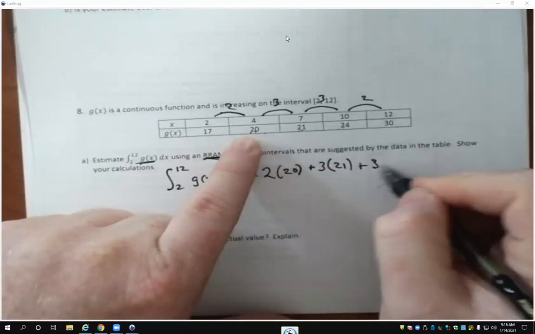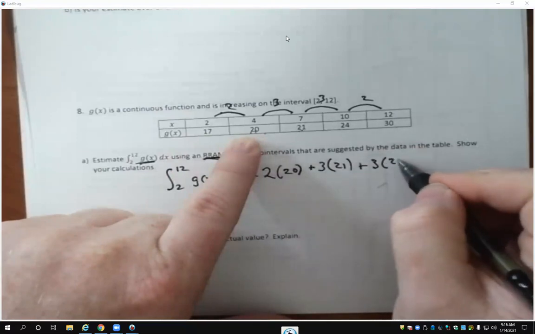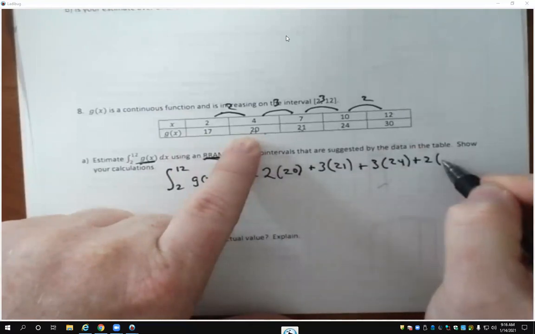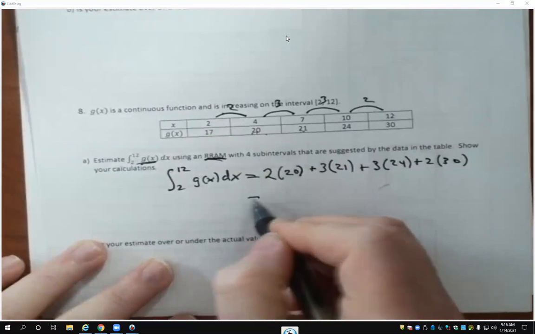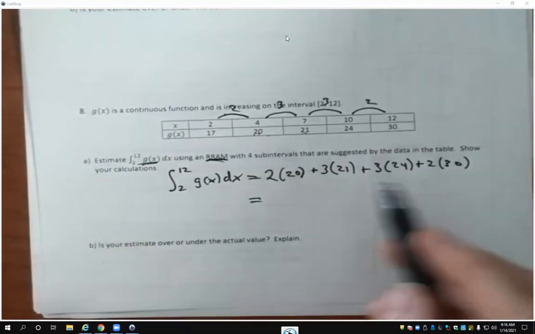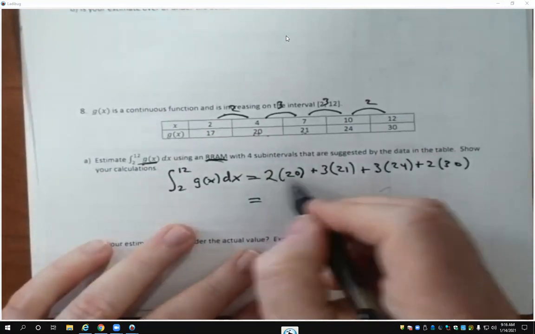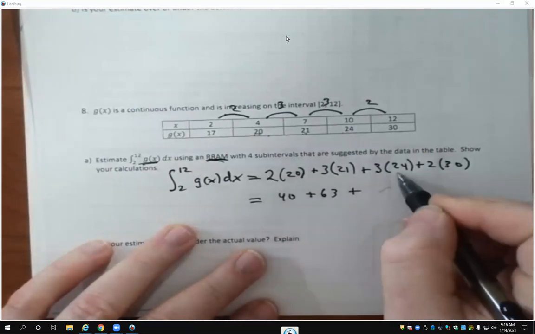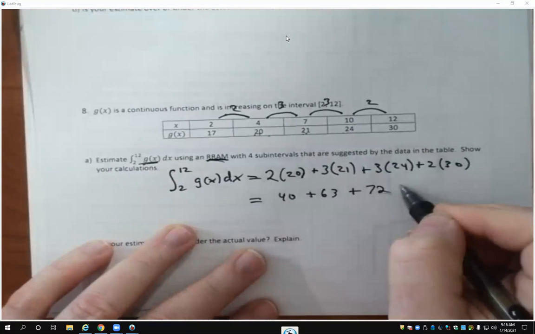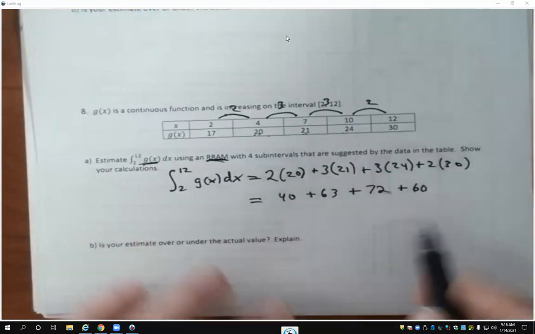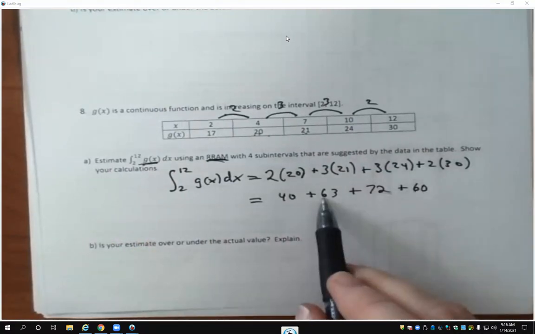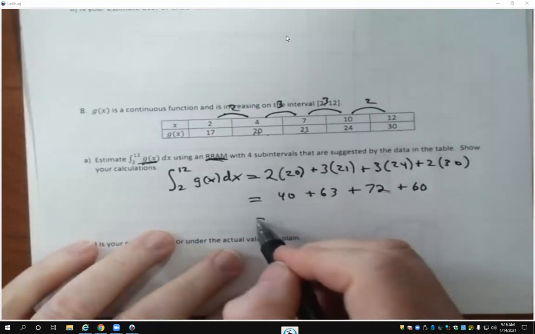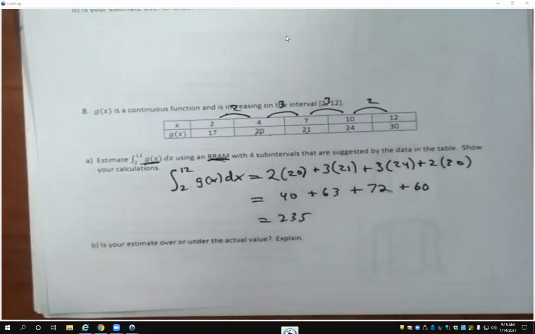The next base is 3 times 24, and the last base is 2 times 30. I don't have this one written out. So what is this? 40 plus 63 plus 72 plus 60. 130, 190, 235. Does that sound about right to everybody?